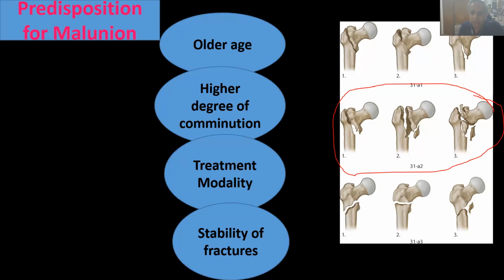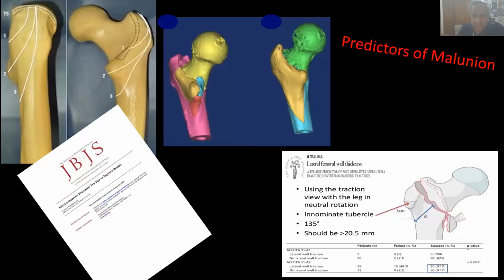The stability of the fracture hence comes into force. And if you look at the OTA classification, these are the ones which are much more likely to have more significant shortening, more malalignment, and cause you more problems. The other thing to look at as predictors of malunion would be what is happening to the posteromedial aspect, which has been well looked at in the literature. So that's a posteromedial fragment, as seen from the back.